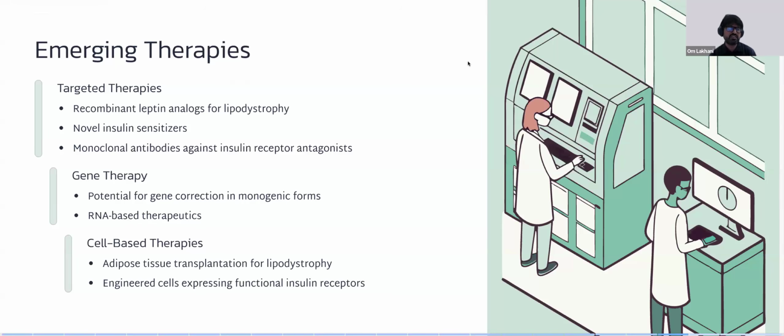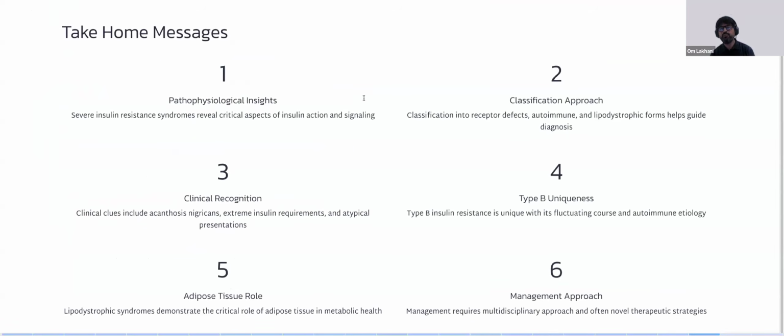There are novel insulin sensitizers being developed, monoclonal antibodies against the insulin receptor, and recombinant leptin analogs for lipodystrophies, such as metreleptin. Gene therapies and adipose tissue transplant have been thought of as potential treatment options and so on, right? So there are emerging therapies, but these still tend to be more experimental, right?